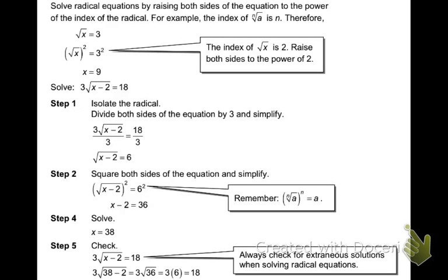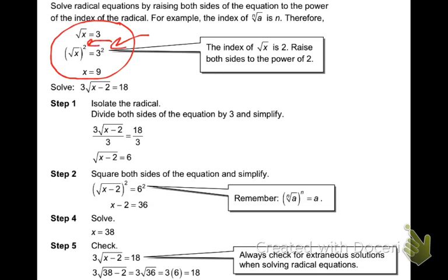Here's kind of an example of what this looks like. To solve radical equations, you solve them by raising both sides of the equation to the power of the index of the radical. So what that means here is I have the square root of x. What is the opposite of a square root? A squared term. So what do they do to both sides?